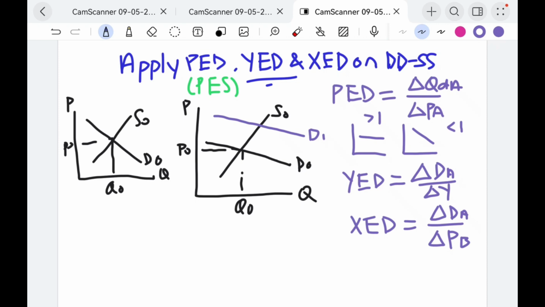So you show that D0 increases to D1 because of the YED. So here let me denote, I have applied my YED. Then for my demand curve that is gentler, this is applying my PED.